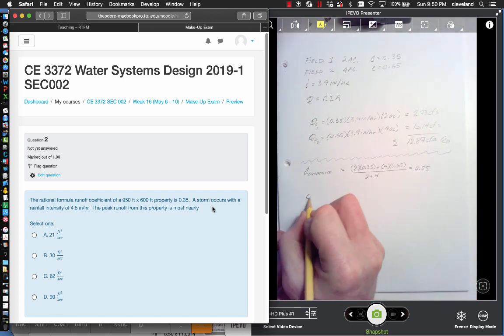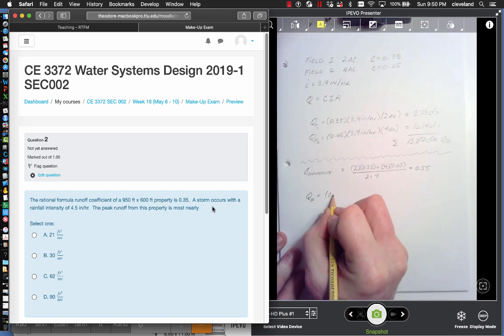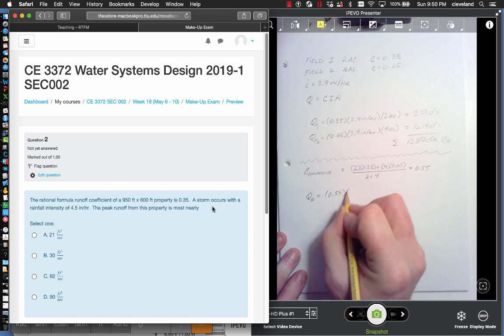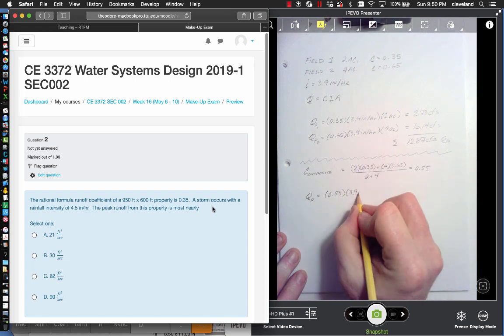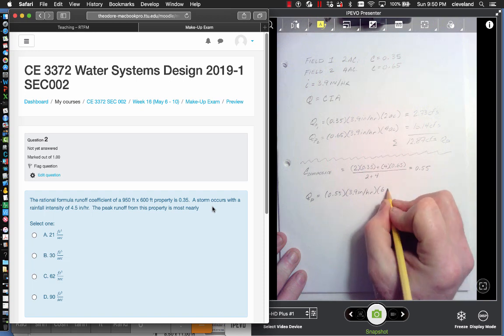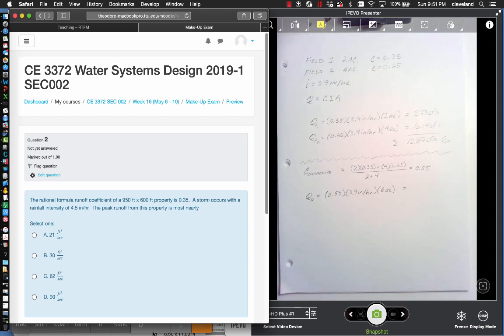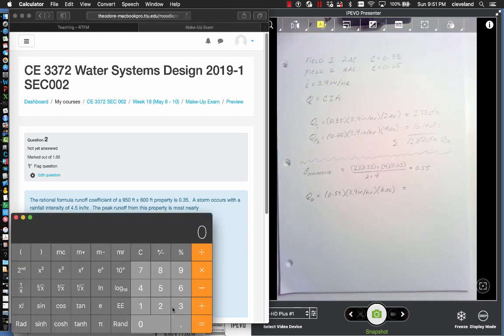Now the peak is simply 0.55 times 3.9 inches per hour times 6 acres. We'll do the arithmetic because we can: 0.55 times 3.9 times 6 equals 12.87.